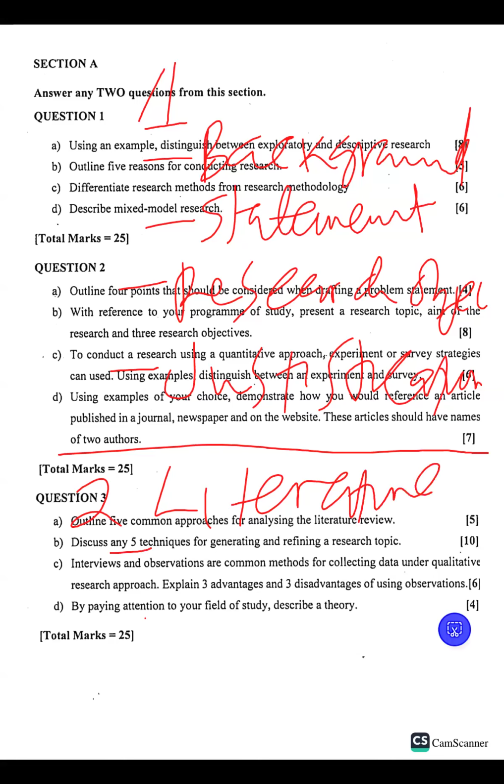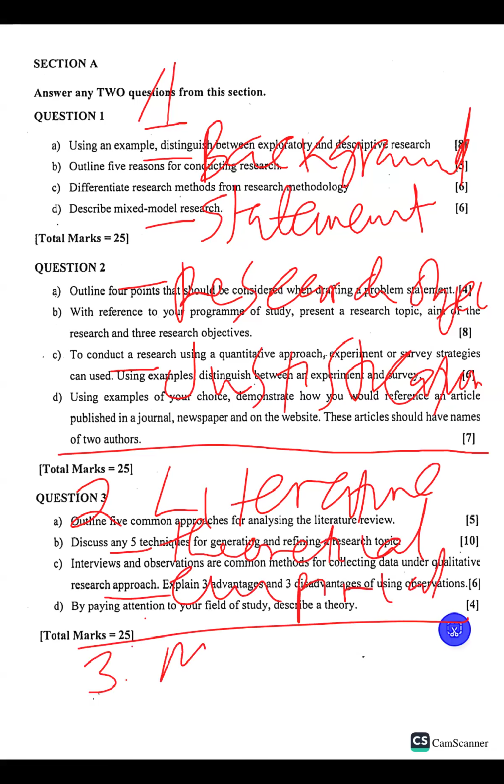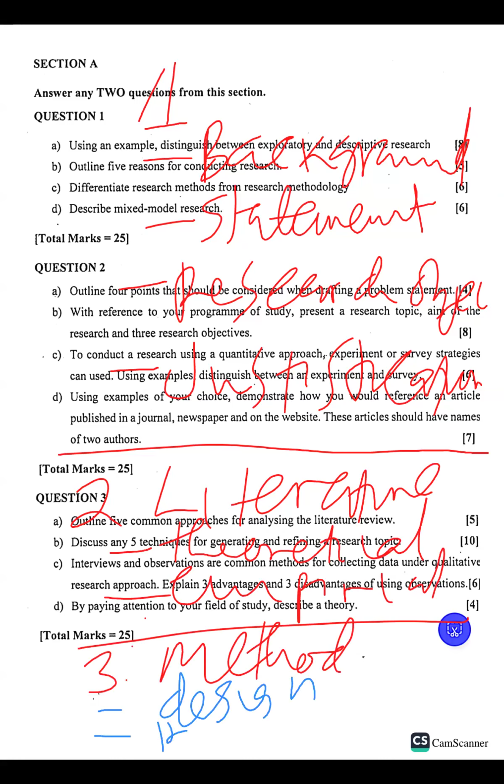where you are reviewing both theoretical and empirical literature. Once you do that, then you can come to chapter 3, where there is methodology. On this methodology part, this is where you deal with issues such as the research design, data collection, how data will be collected, and how data will be analyzed in your research.